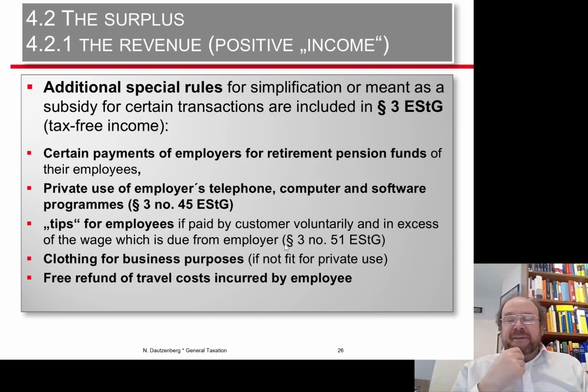The same or a similar problem is also the tips for waiters in restaurants and the tips for similar professions where tips are customary. In principle, that is a monetary advantage, a revenue which these people get from their taxable activities.